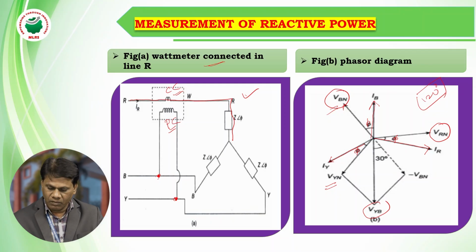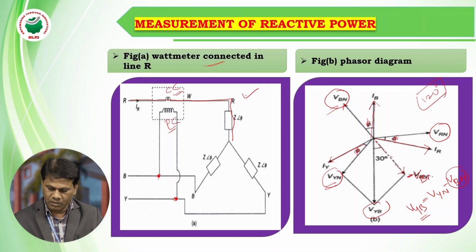But we want VYB, because the pressure coil is connected between Y and B phase. This can be written as VYN minus VBN. So we have VYN, and we need minus VBN. Extend VBN and draw one phasor opposite to VBN, that is minus VBN.